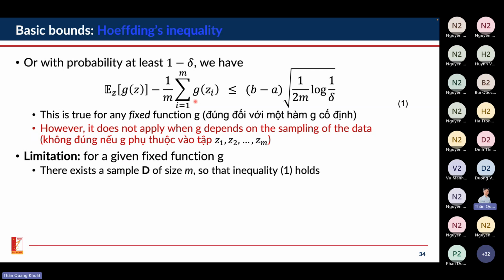Okay, but this inequality is very essential. Sometimes it can help us to provide some idea to analyze some training model. Okay, when we have this, it means that there exists a sample, or there exists a data set D of size S, so that this inequality is satisfied.